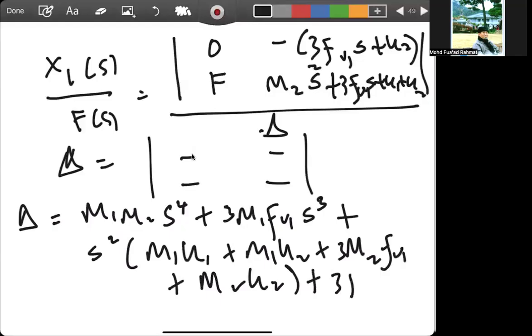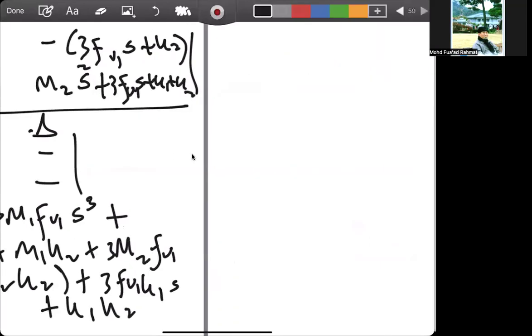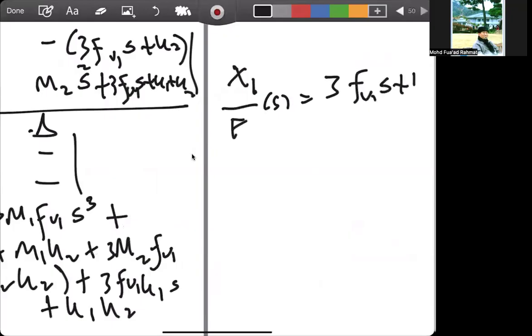So when you simplify everything, you will get X1 over F(s) is equal to 3 FV1 s plus K2, over the determinant.